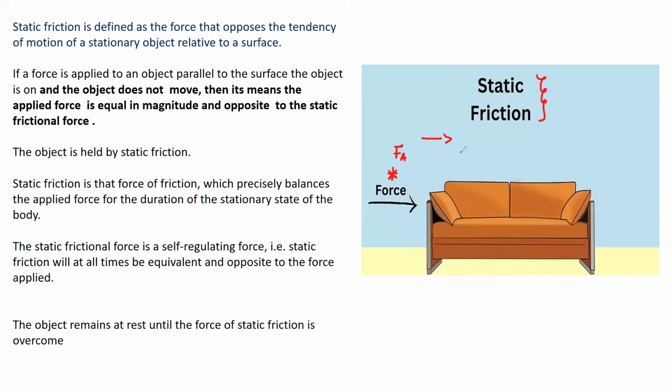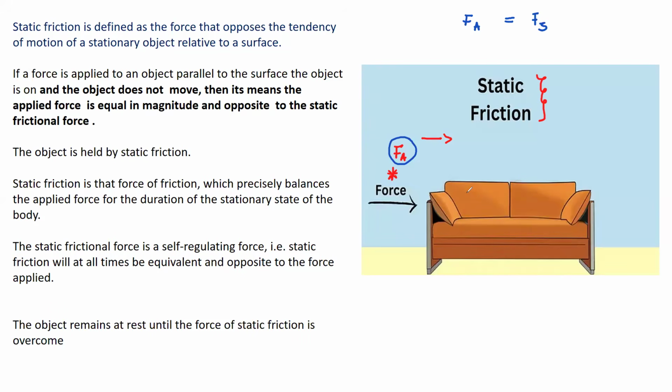And so the reason why the object does not move is because the applied force that you have applied is matched by the static friction. It is a force whose intention is to ensure that the object remains unmoved, static, stationary. It is the stubborn nature of the object to moving.